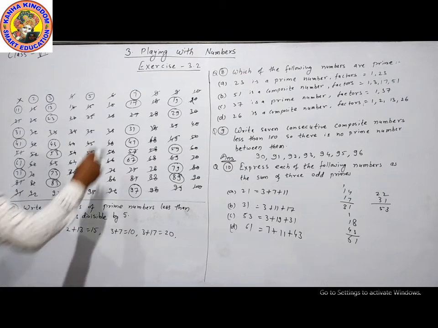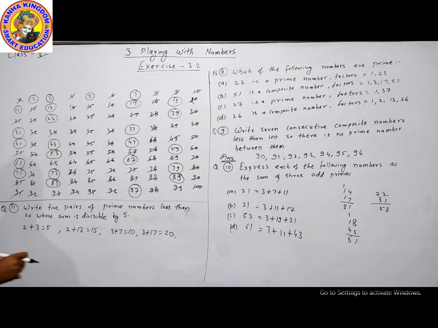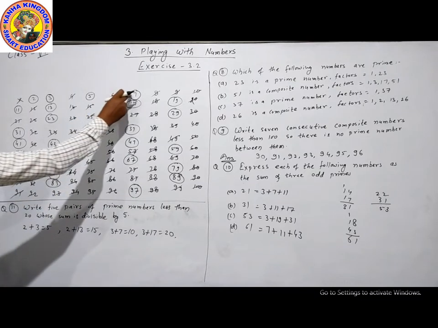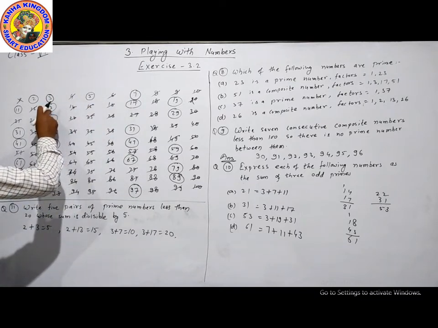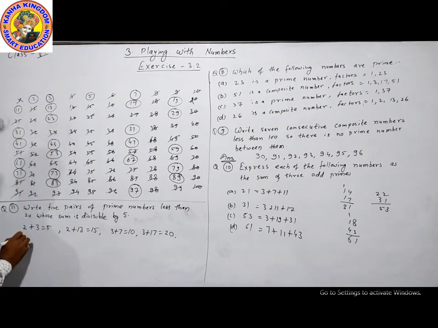Now we will take 7 and 13, which is 20. 7 plus 13 is equal to 20, which can be divided by 5.